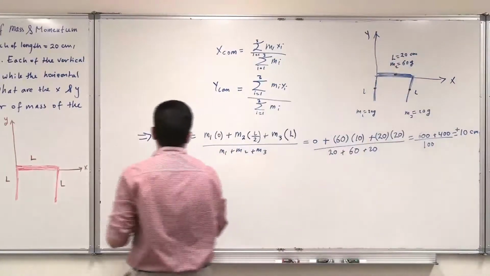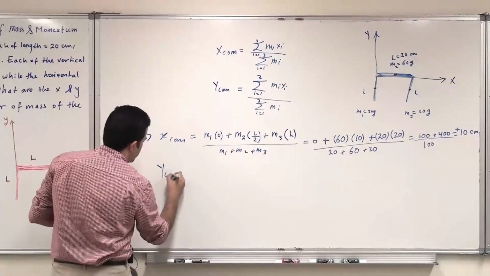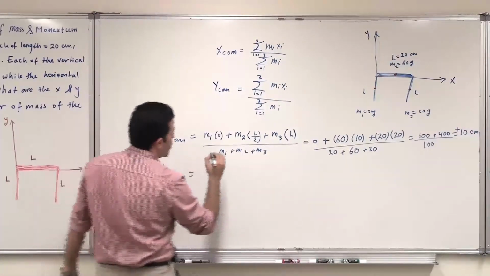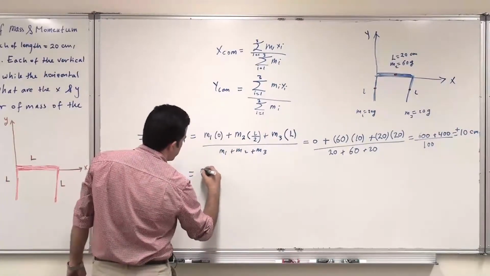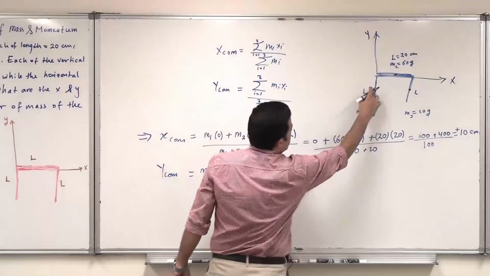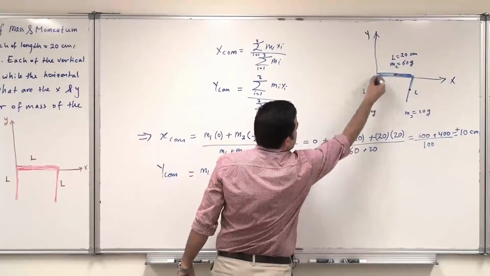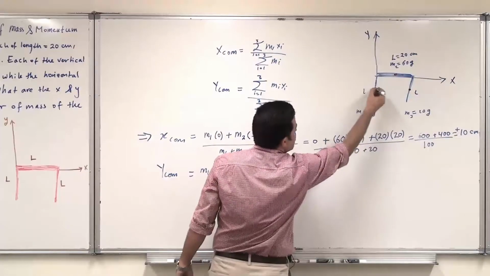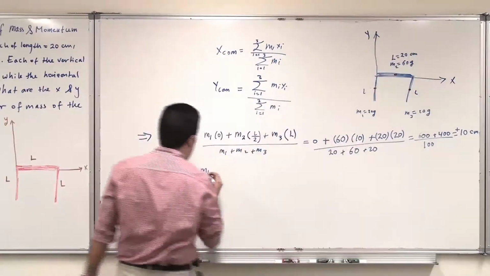Now we look for the y center of mass for this system. Similarly, m1 is multiplied by its y coordinate. The length is 20, so the center of this rod is located at minus 10.